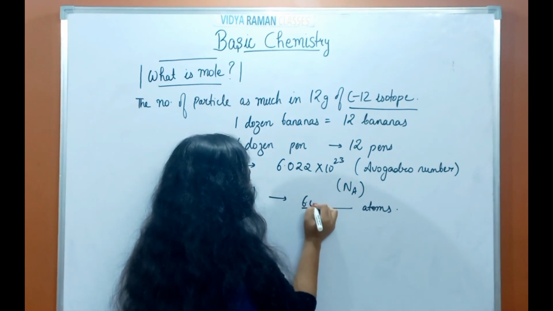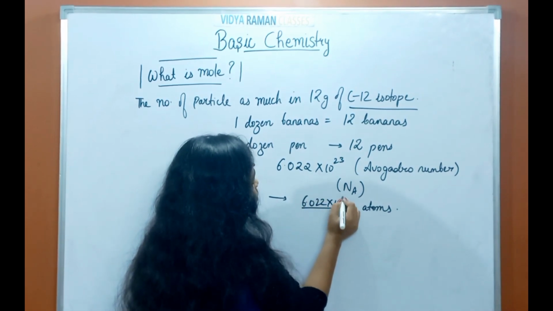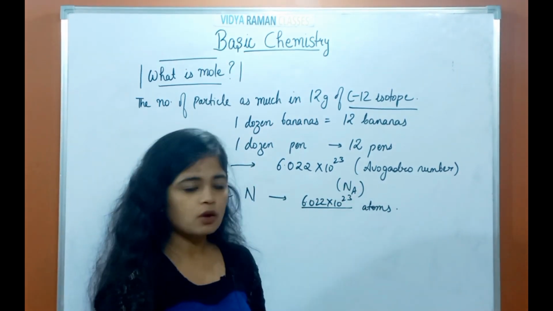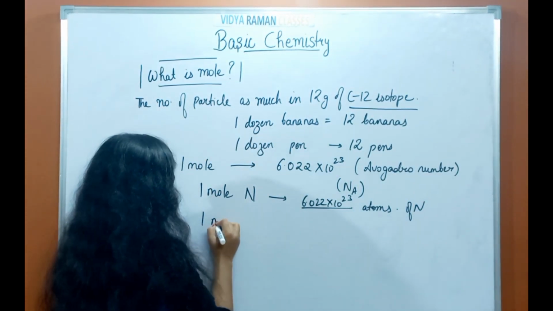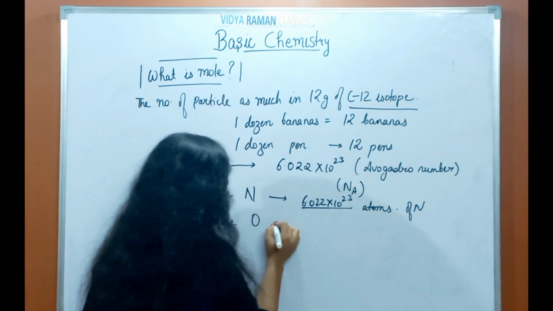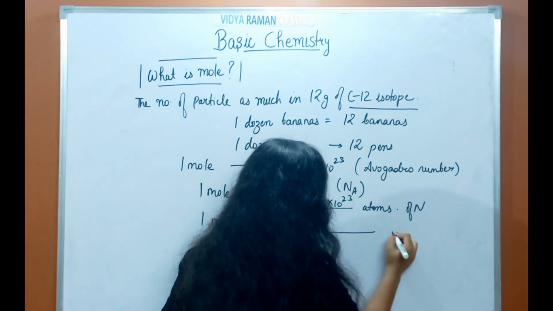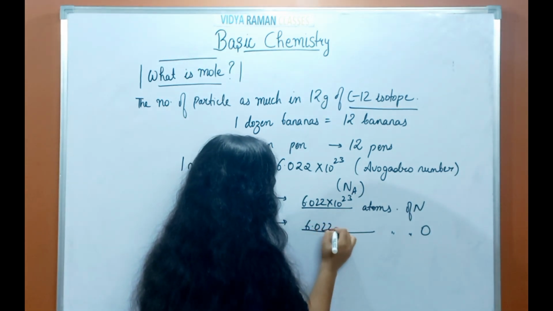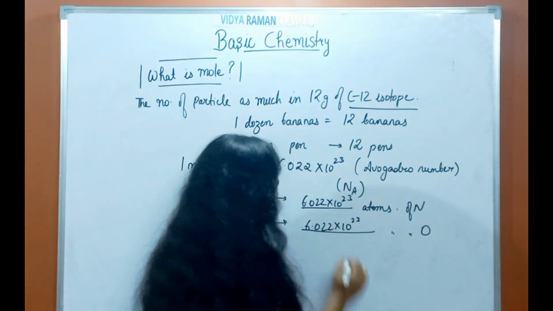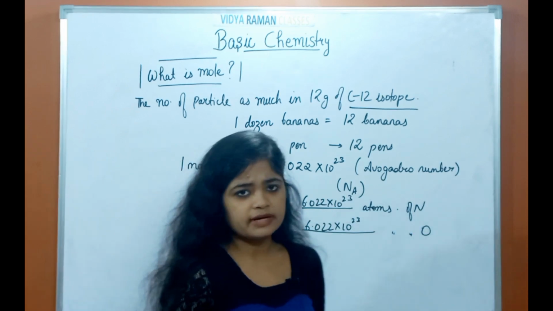That will be 6.022 into 10 to the power 23 atoms of nitrogen. Similarly, if I say I will give you 1 mole of oxygen atoms, how many atoms of oxygen will be there? That will again be 6.022 into 10 to the power 23 atoms. This is quite simple, right?